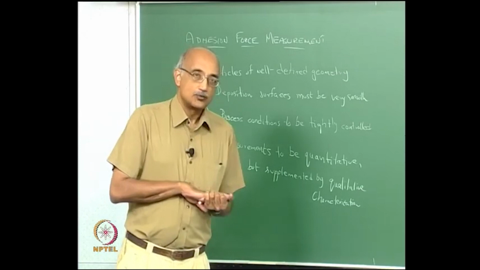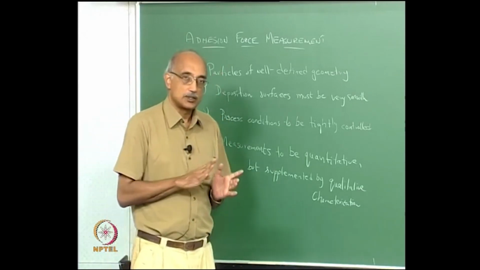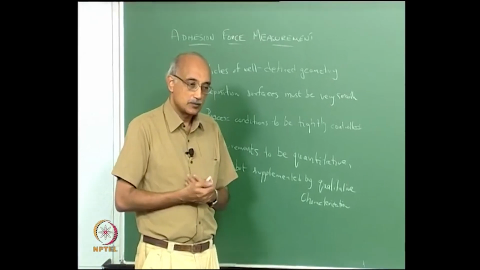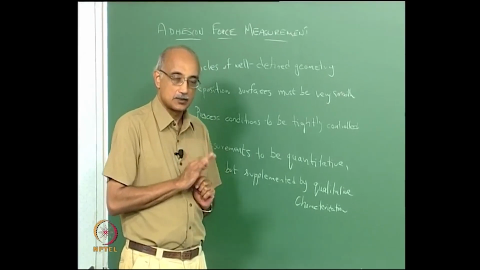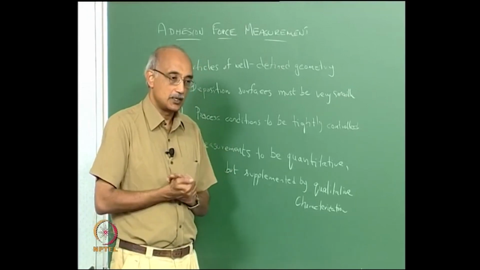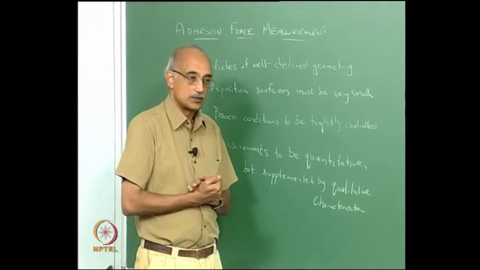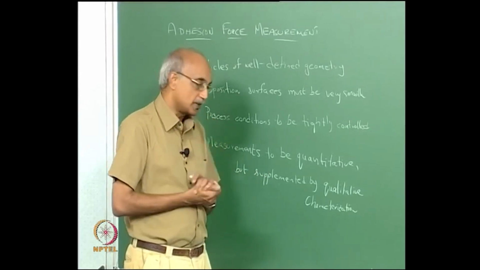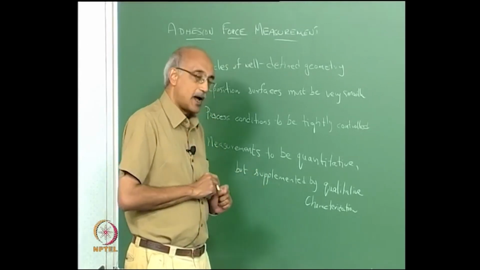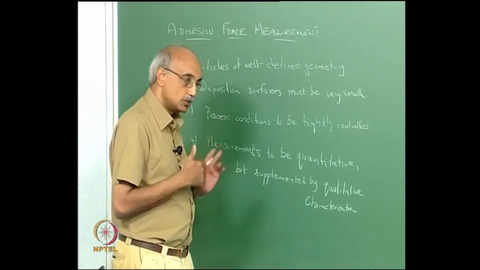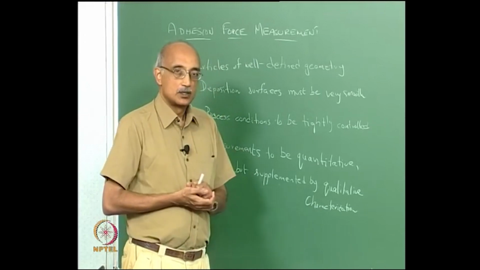But sometimes you can fool yourself if you just look at quantitative data, because there can be many artifacts when you are doing purely quantitative analysis, because what you may be counting as a particle on a surface may actually be a defect on the surface. Simple dimple on the surface you may be counting as a particle. So sometimes it is important to not rely entirely on quantitative measurements, but actually do some analysis.